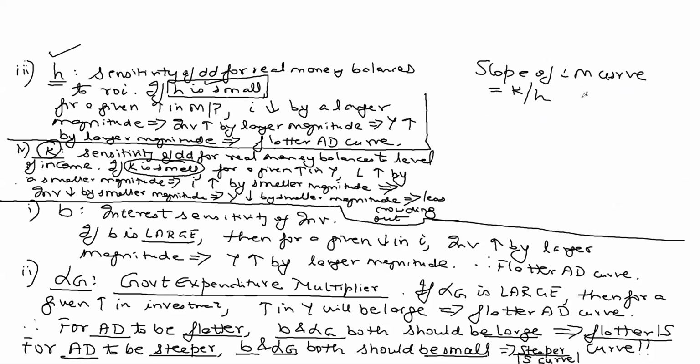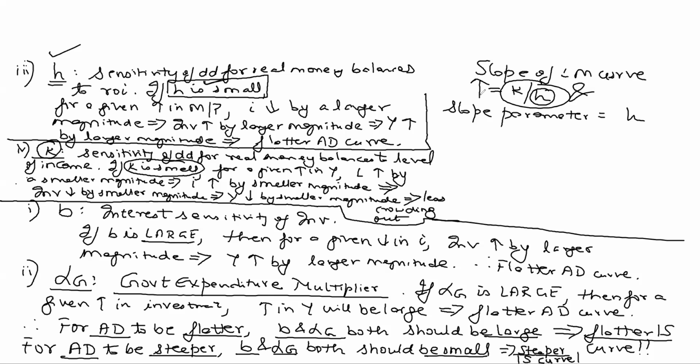And the slope parameter is only H. Remember, when we talk about the LM curve, K is the shift parameter, not the slope parameter. The slope parameter is H. So look at H. H should be small. H small means the whole thing is large because H is in the denominator. If H is small, K by H is large.